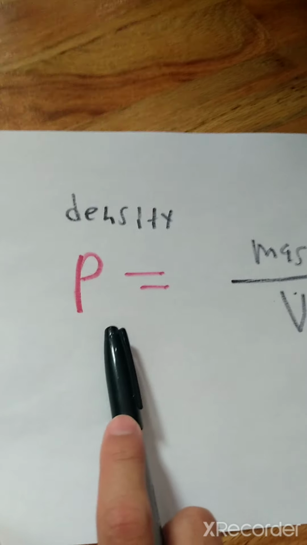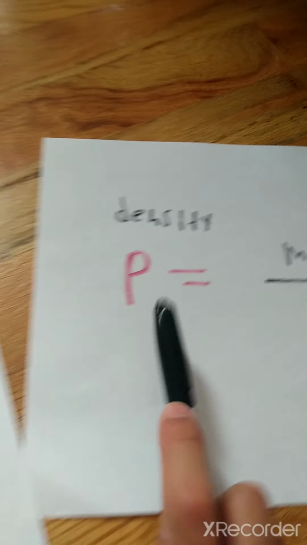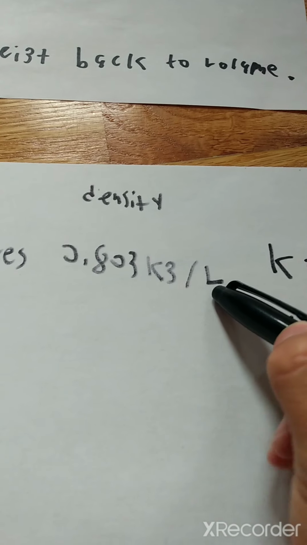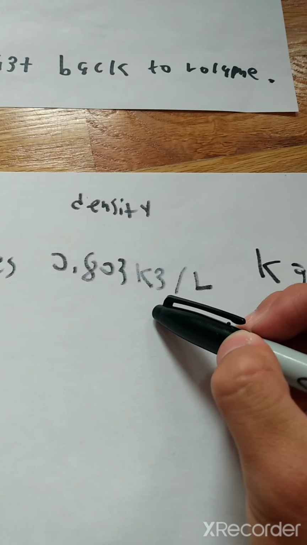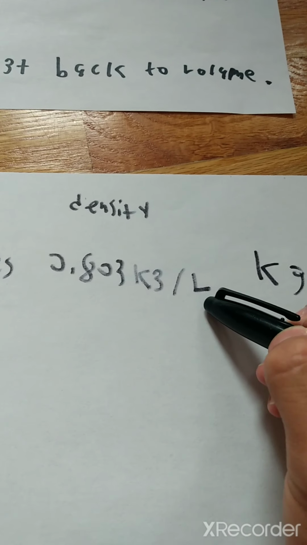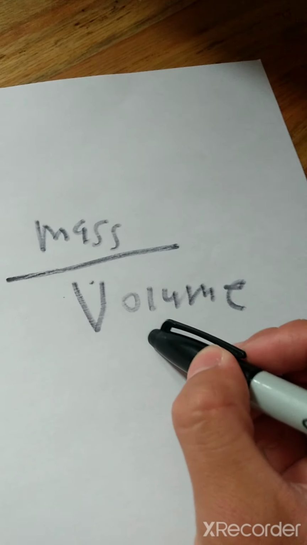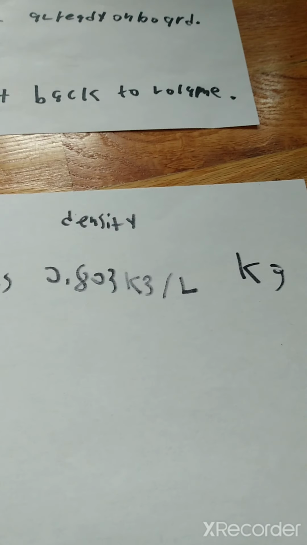That will bring you to the density of a liquid or a solid. And for fuel, every liter that you have is going to weigh 0.803 kilograms. The liter is actually measured in volume, so every liter you have is 0.803 kilograms.